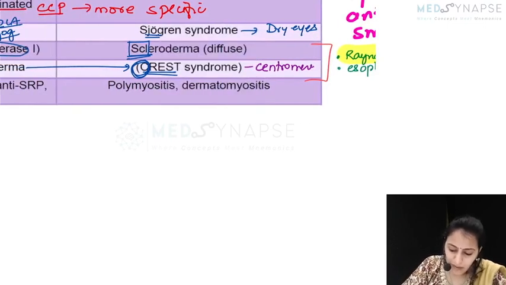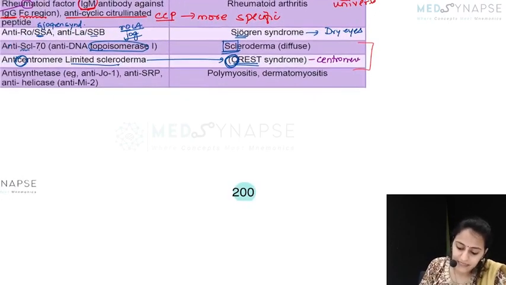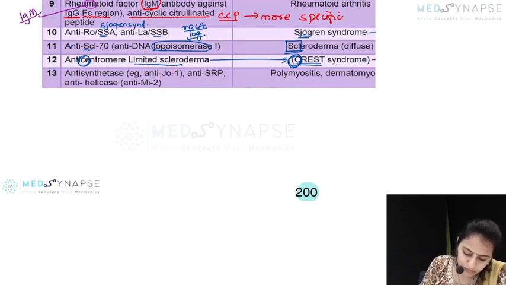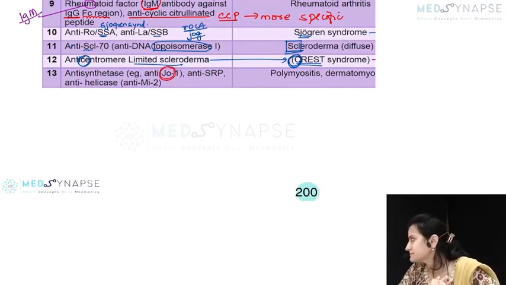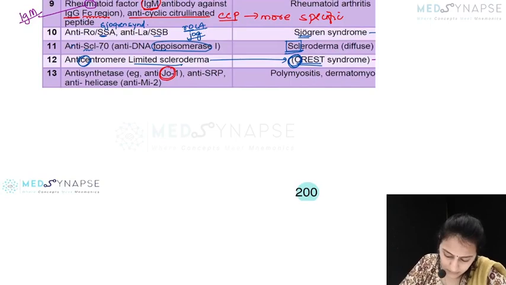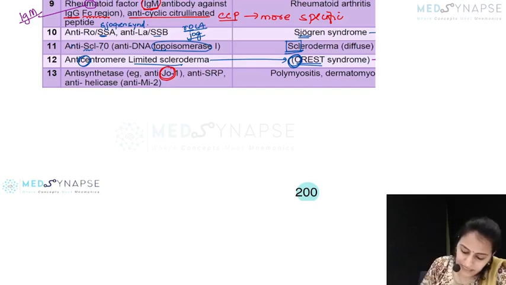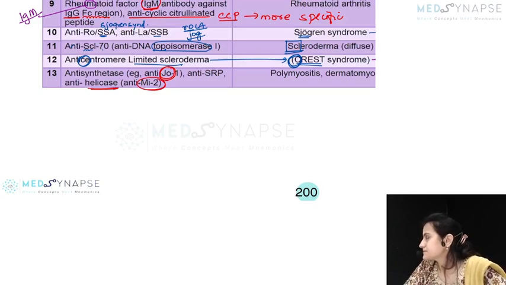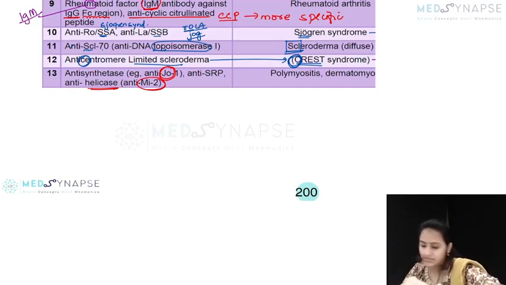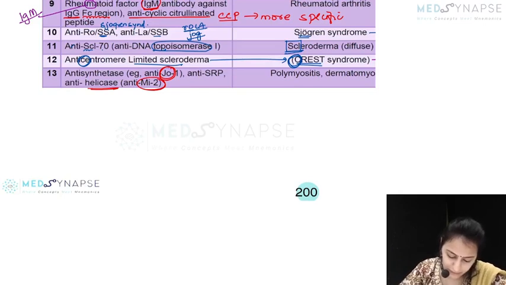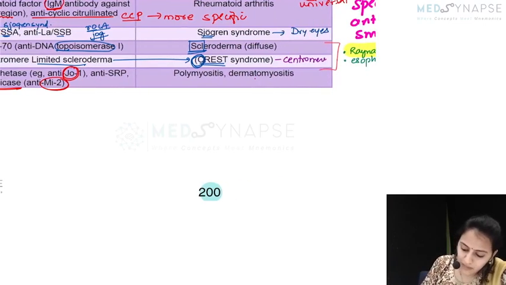Polymyositis, dermatomyositis is anti-Jo. Okay, anti-Jo antibody. There can be anti-Mi2 as well, which is basically anti-helicase. So dermatomyositis, polymyositis is anti-helicase, anti-synthetase, that is anti-Jo and anti-Mi2. What tumor marker will you test for in dermatomyositis?